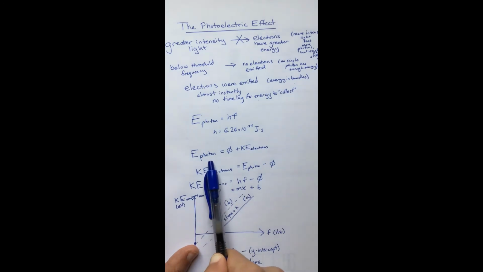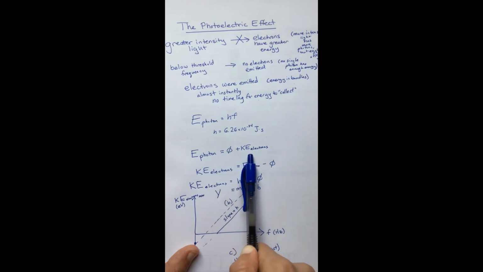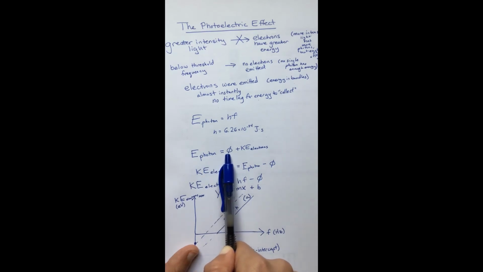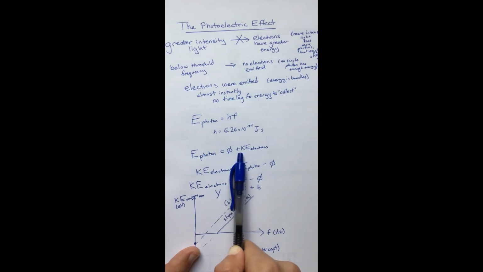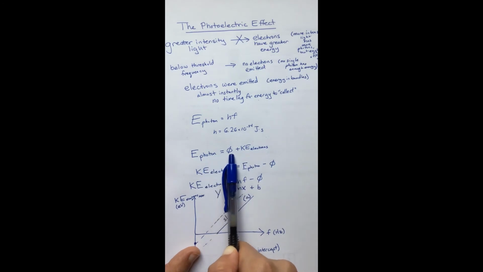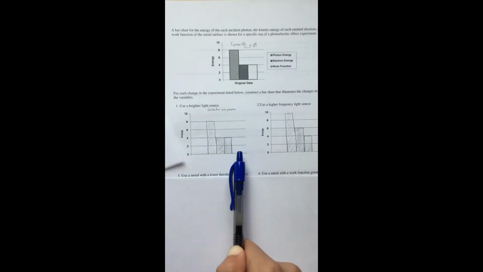The photon has to have enough energy to release the electron. The lowest kinetic energy that you could have is 0. If the energy of the photon is less than the work function, the photon doesn't have enough energy to release the electron. So the threshold frequency would be when the kinetic energy is 0. That's when the energy of the photon is equal to the work function.